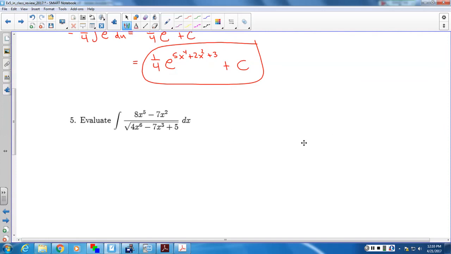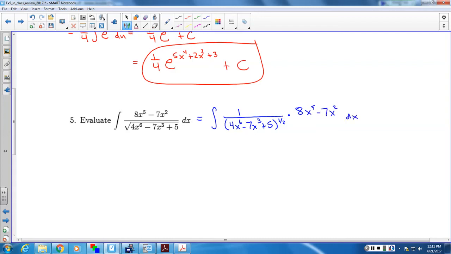Number 5, we have a denominator that is the square root of something, which is the same as it all raised to the half power. I'm going to separate this. I'm going to make this 1 over, instead of the square root, I'm going to write all this to the half power, times, on the top, I'm going to have the 8x to the 5th minus 7x squared.